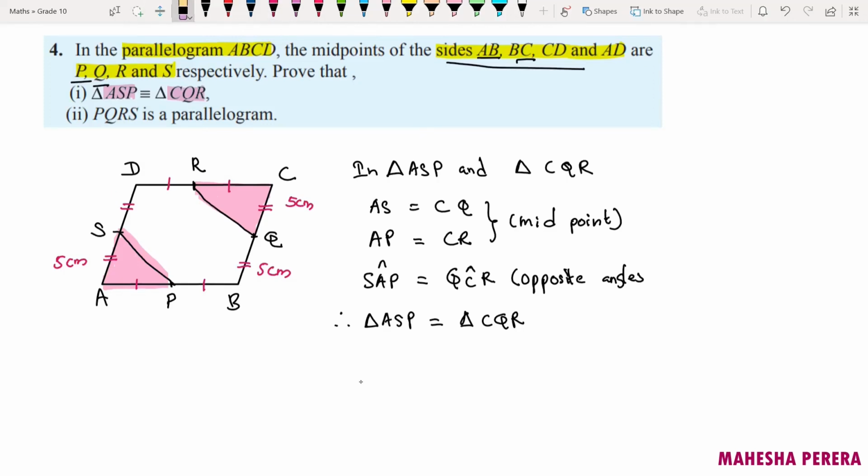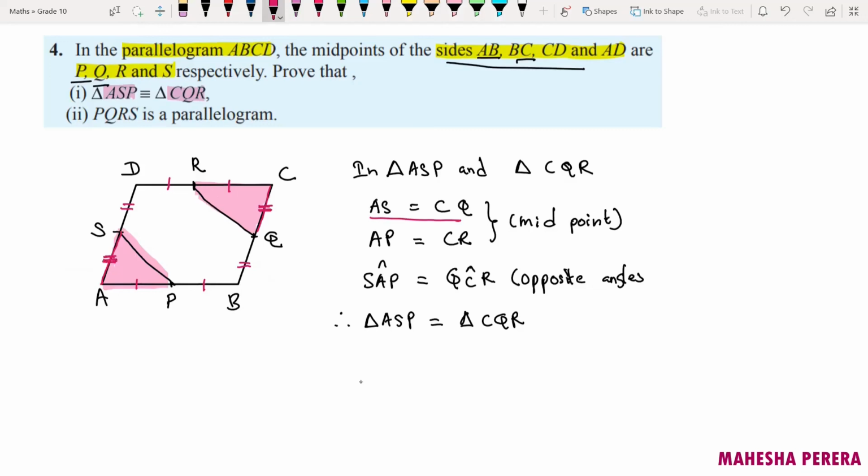Now with that information, we can write these steps. In triangle ASP and triangle CQR, AS equals CQ. AS is here, and CQ is here. With the lines, you can understand that these two lengths are equal with these double lines.